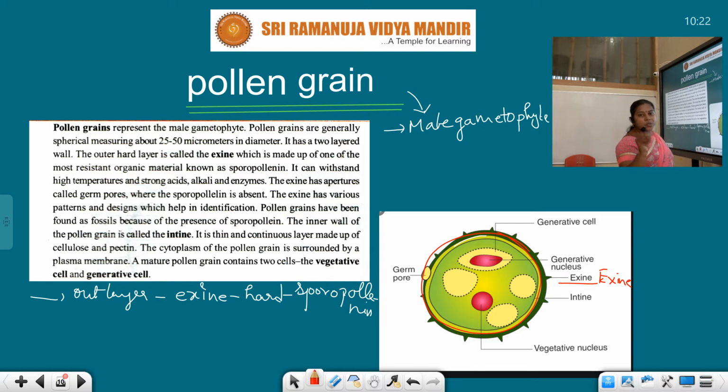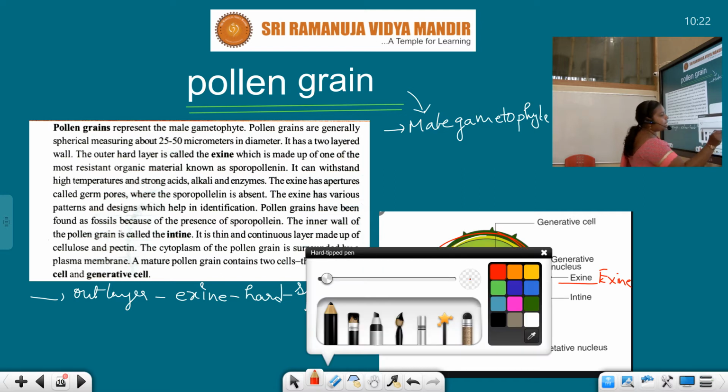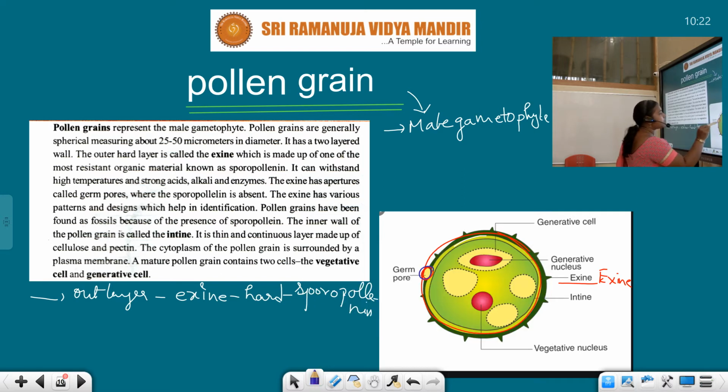Due to the presence of a special structural material known as sporopollenin. And the exine has apertures, meaning small fine gaps, and that aperture is nothing but the germ pore.